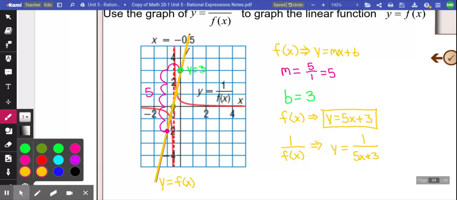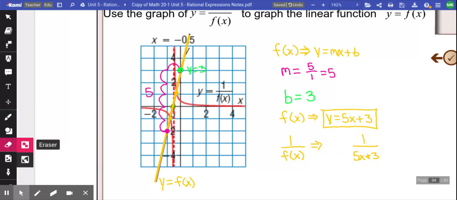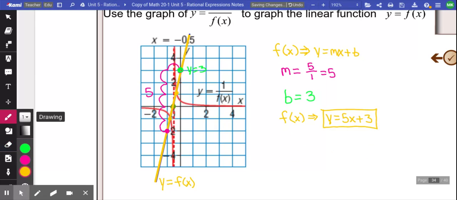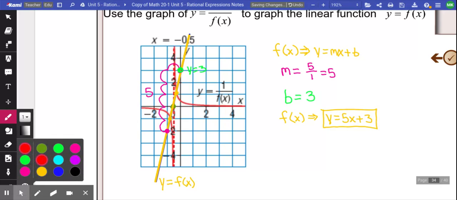That's the red one. Actually, I should do that in red since then it all kind of matches color-wise. My internet is making everything connect. There we go. That's what the red graph would have been.